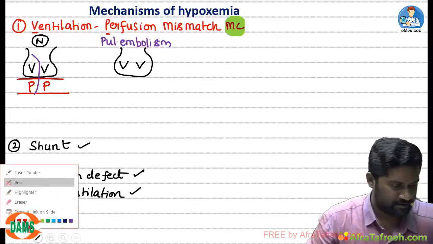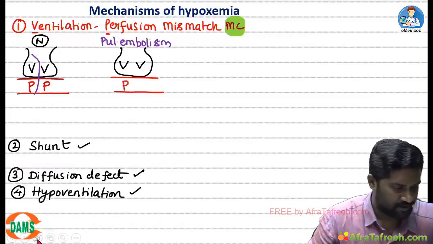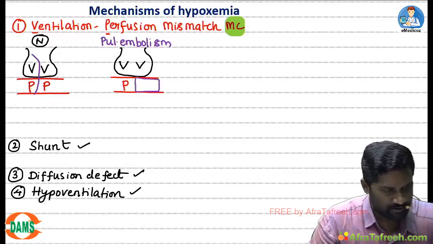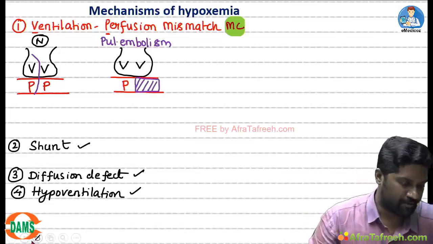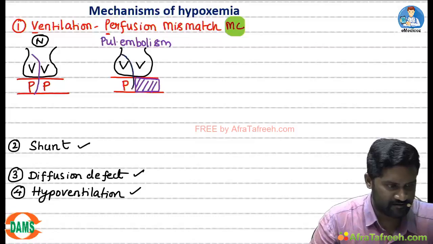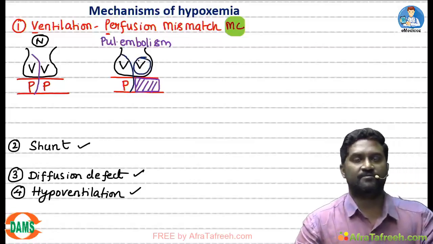Coming to the perfusion, there can be a thrombus in the blood vessel. Because of the thrombus, perfusion is not happening properly. In this image, this ventilation and perfusion are matched, but this ventilation is not having perfusion. So there is a mismatch.